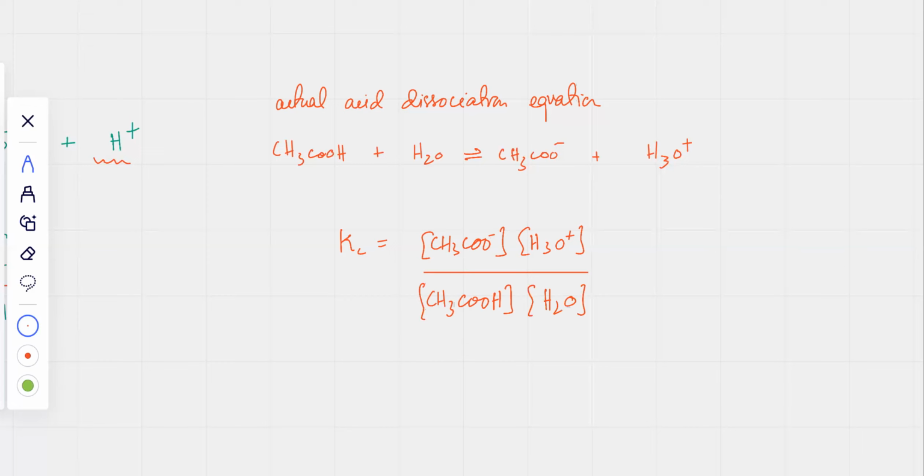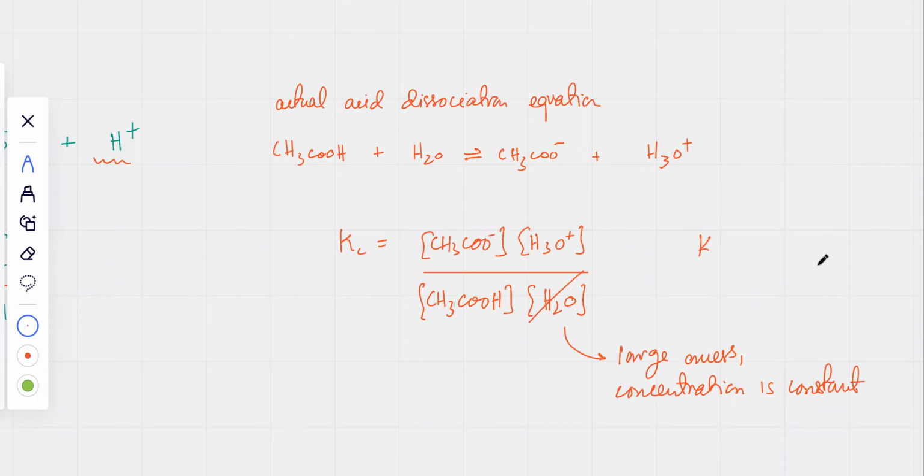And because everything is happening in the aqueous state, water is in large excess. There's so much water that its concentration is almost constant. So you don't write water in the expression. Adding that water was kind of pointless because you were never going to write it in the expression. So if you remove water, you get the same expression.